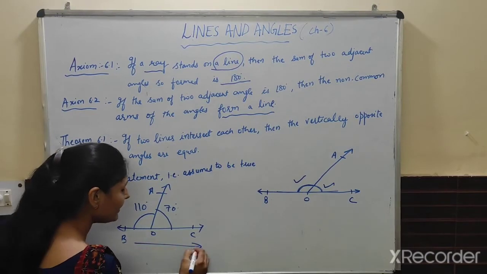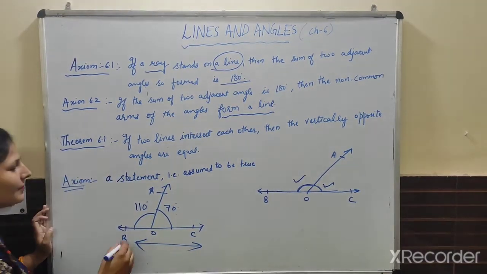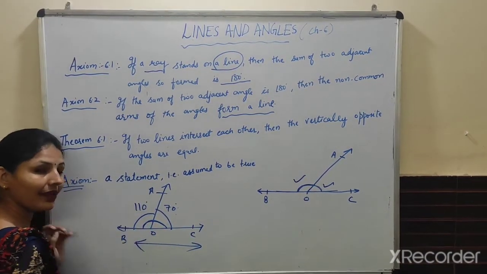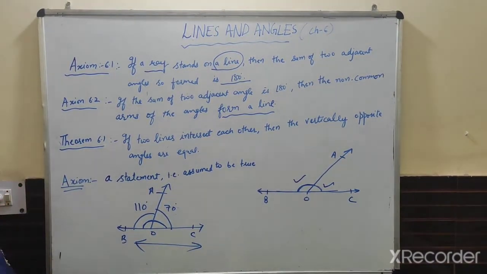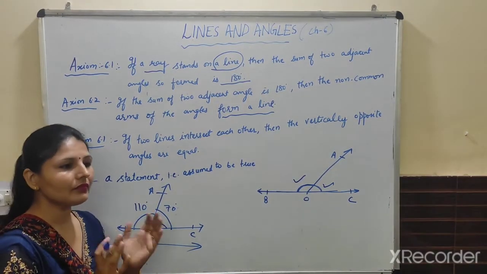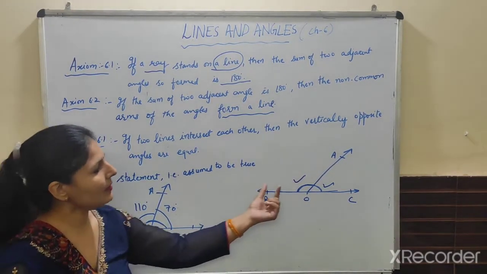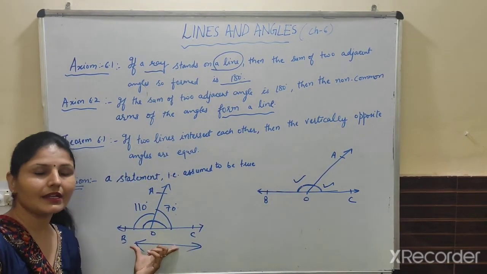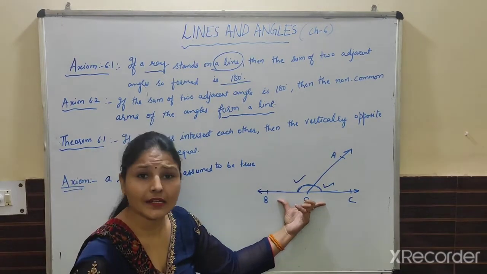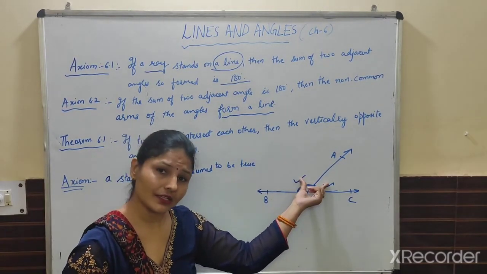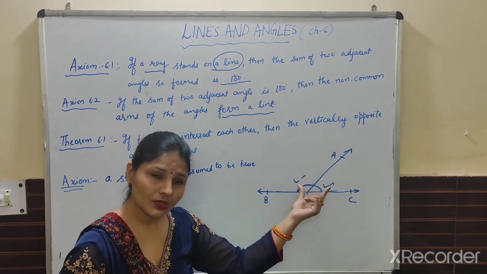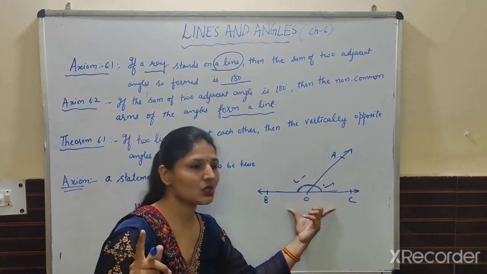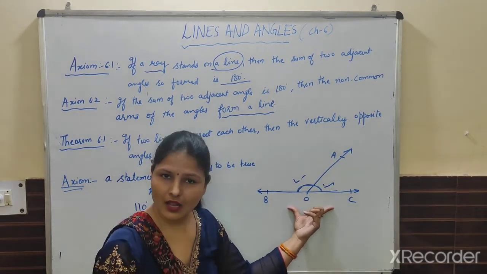What will these form? A straight line, because the sum of these two angles is 180 degrees, and a 180 degree angle is formed on a line. This is the same linear pair, the converse of each other. If the sum of two angles is 180 degrees, then a line is formed. If BC is a line given, then the sum of two adjacent angles will be 180 degrees. Understood? If the sum of two adjacent angles is 180 degrees, then the non-common arms form a line.